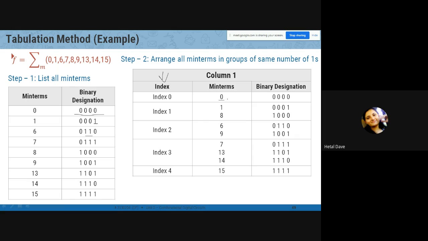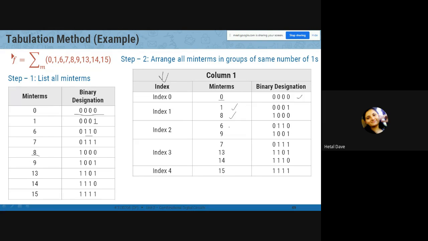Please look at the second table, second column. Its equivalent binary is 0. Now, if you find the same number of 1s from here, then 1 has one 1 and 8 has one 1. So they will be written together. Make one table such that min terms with the same number of 1s are written together.